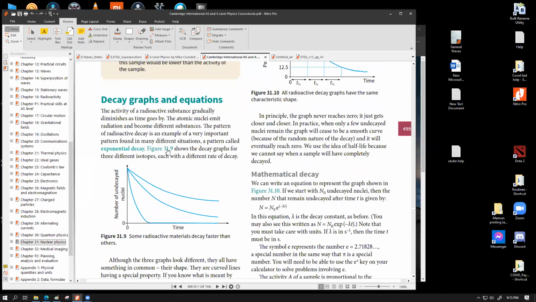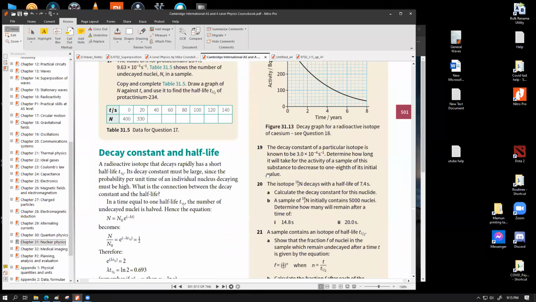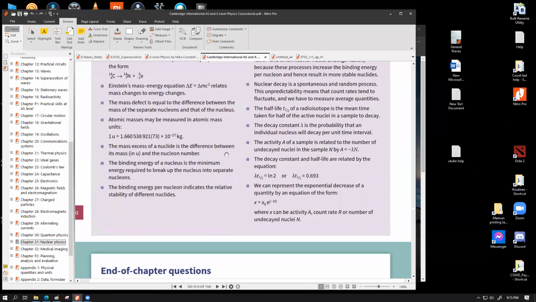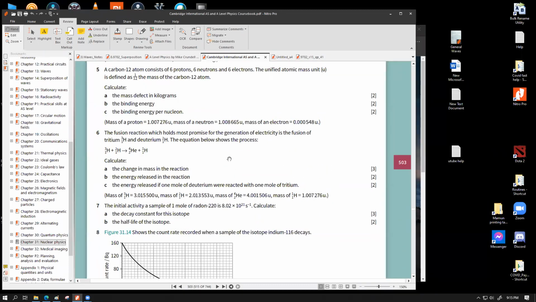Decay graphs and equations, okay. Half-life. Nope.